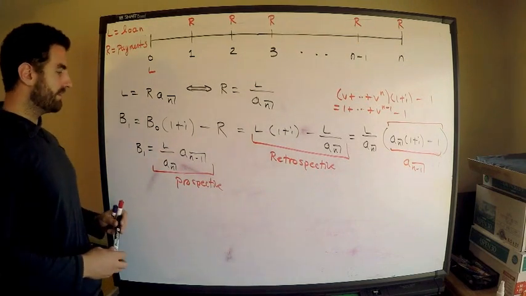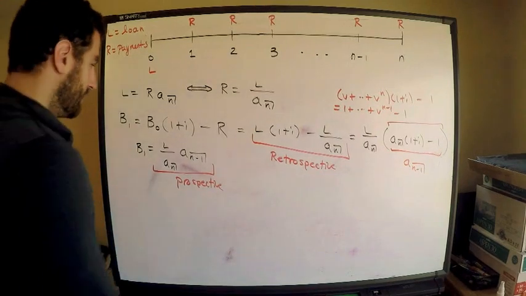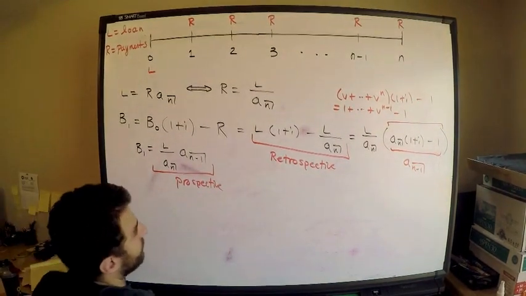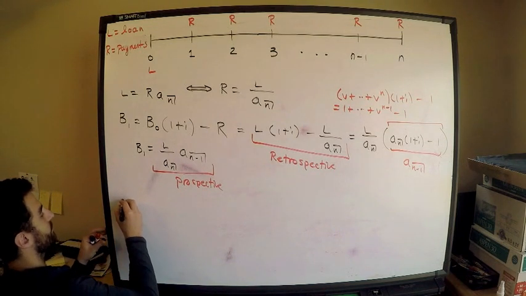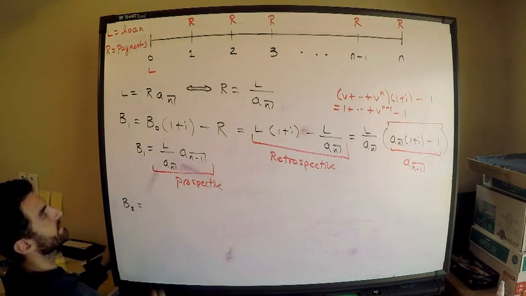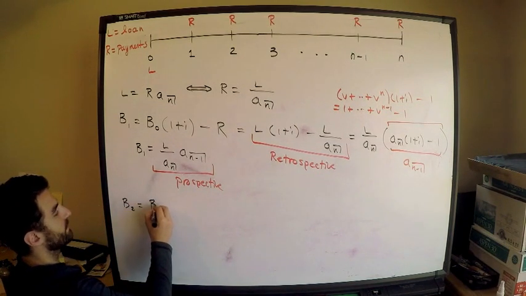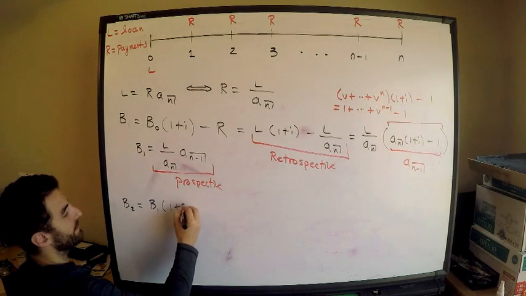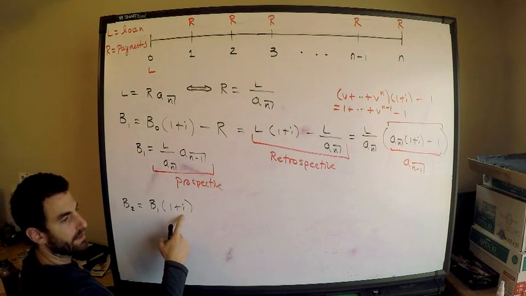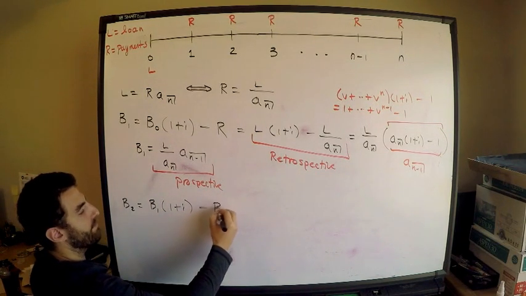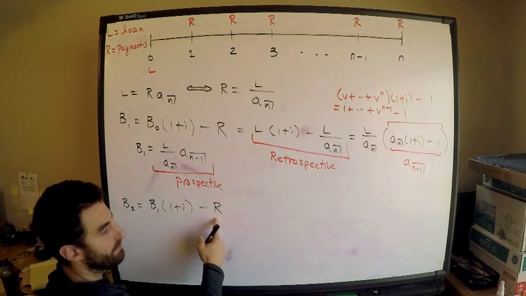And now I want to continue because I want to find B2. All right, hopefully I don't run out of room here. Let's see what happens. How am I going to find the balance in year 2? The balance in year 2 is exactly the balance in year 1 accumulated 1 period, so I'm using retrospective here again. And then I need to subtract the payment I make at year 2. The payment is always the same because they're level payments.